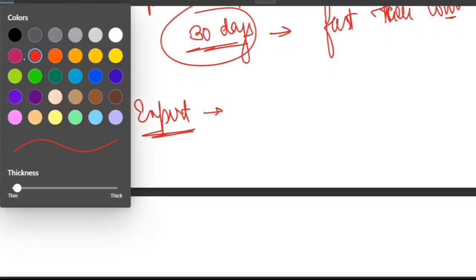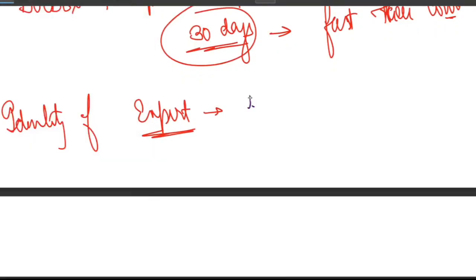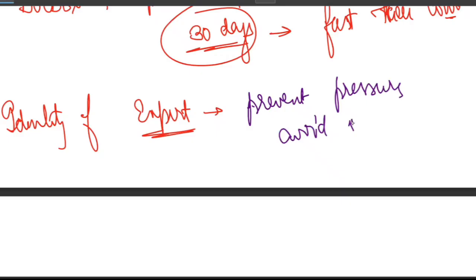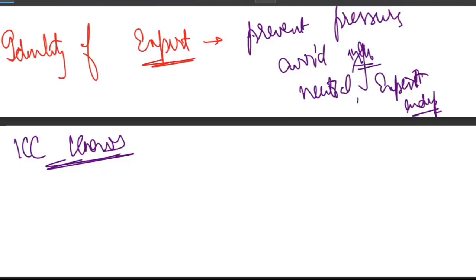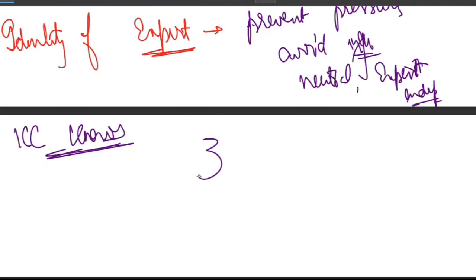Because it prevents any pressure, avoids influence, keeps the process neutral, and protects the expert's independence. So the parties do not know who the decision makers are. Only ICC knows. That's it. So this ensures zero bias plus full impartiality.